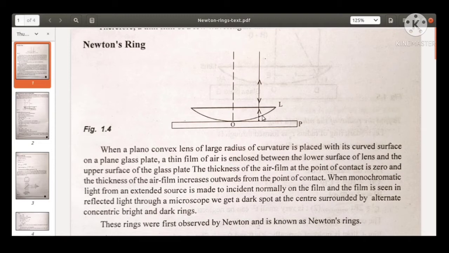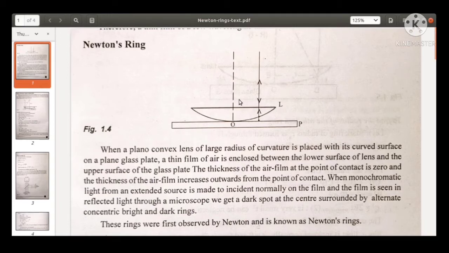And if you are considering another point here, the thickness say T1, and at the same distance here the thickness will be T1. And if you are viewing from the upper side, then along this circle, say if it is at a distance R2, then along this R2 the thickness will be T2.